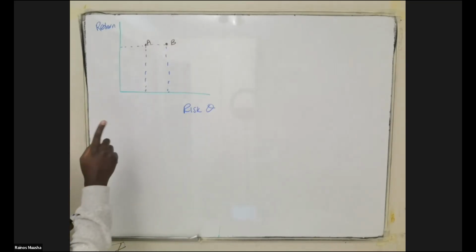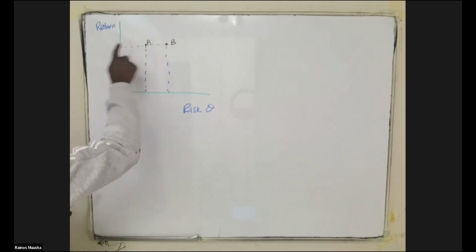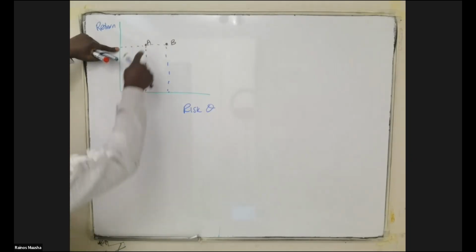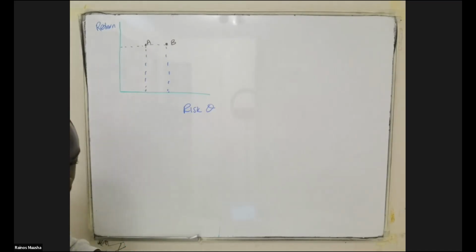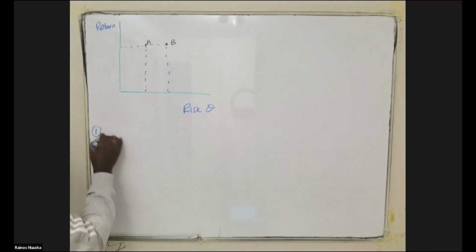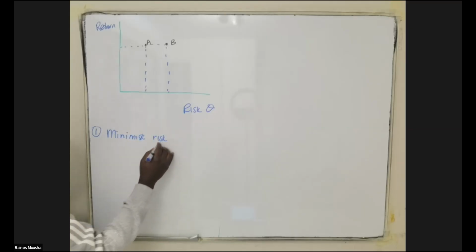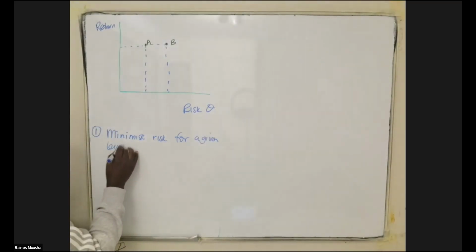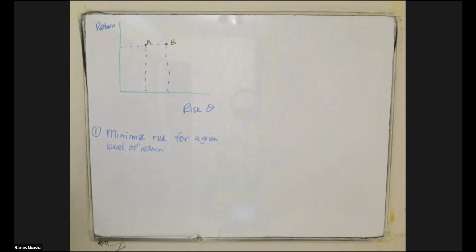So your choice of the investment is going to be based on the risk-return relationship, where we are saying for the same amount of return, you want to choose an investment which minimizes your risk. So the mean variance rule basically says you want to minimize the risk for a given level of return. So you want to minimize your risk for a given level of return.